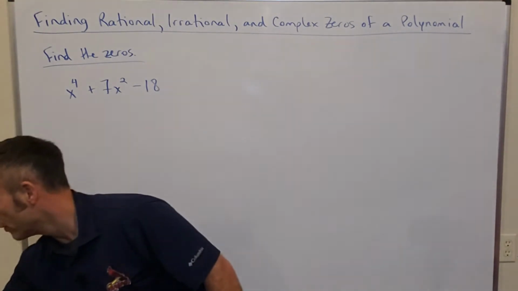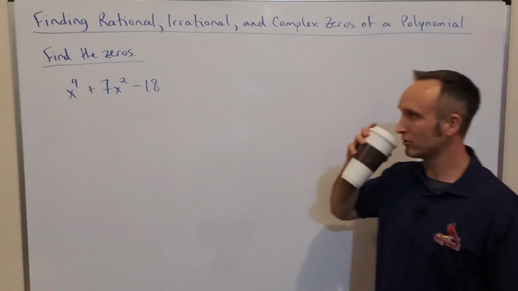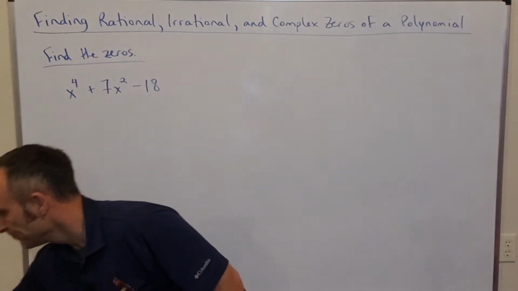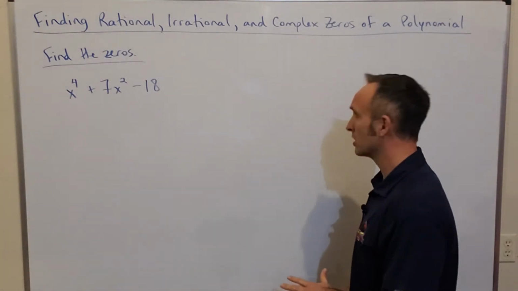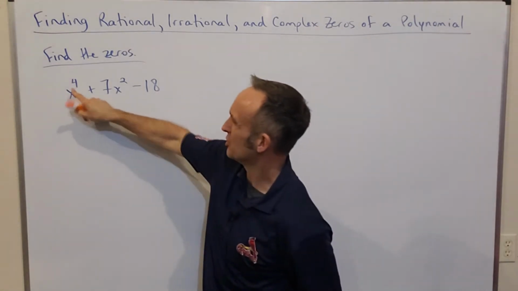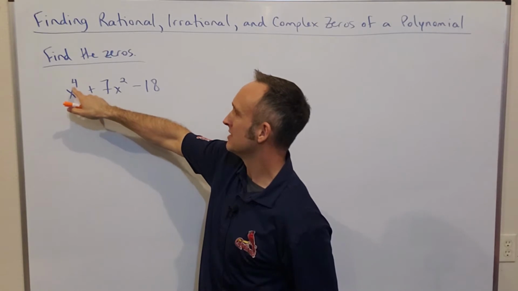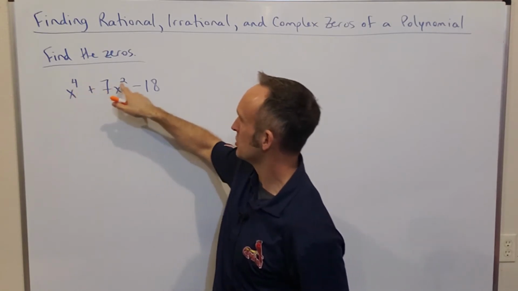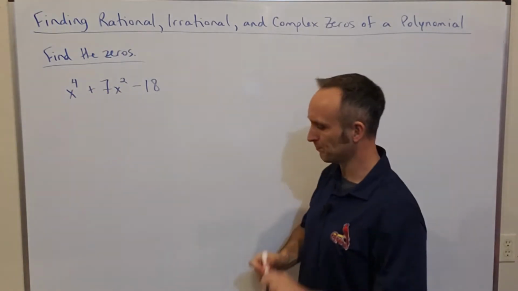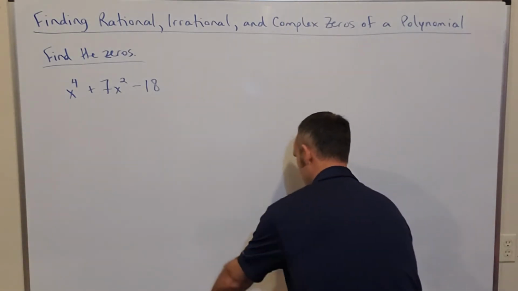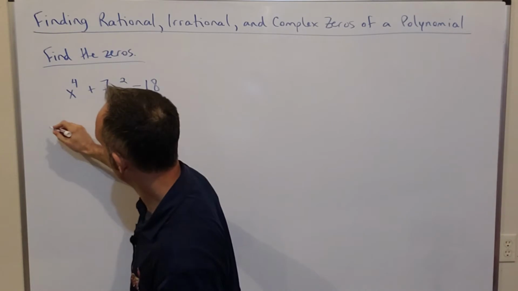Okay, so the first thing we're going to try are our basic factoring techniques. And they might work in this case because it's a basic trinomial, and the first term's exponent is twice as much as the exponent in the middle. So in fact, if we try to factor this, it's pretty easy.